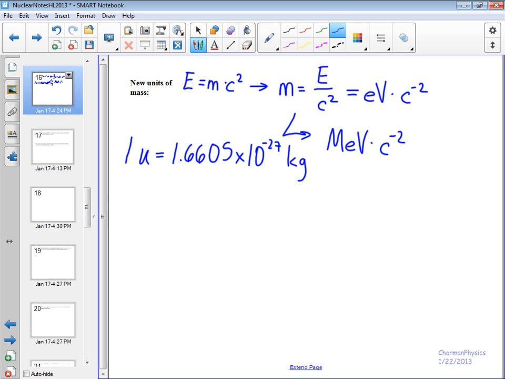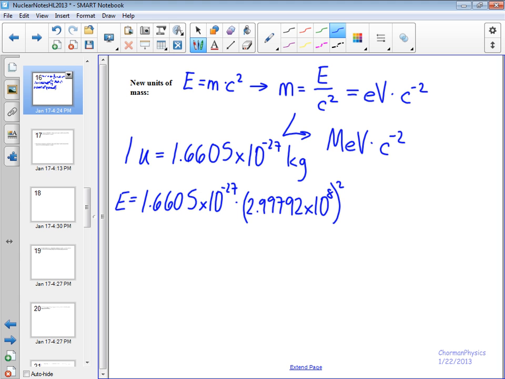When we do this conversion all the way through, using this as our mass and 2.99792 times 10 to the 8th as our c, squared, we end up with this many joules of energy.